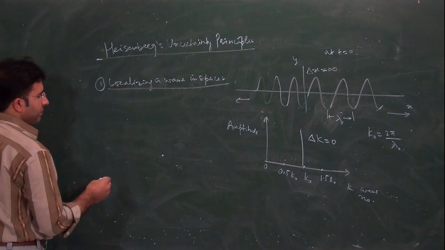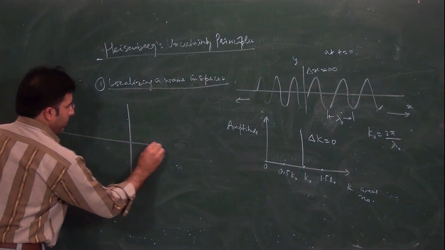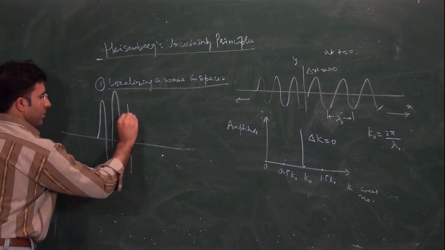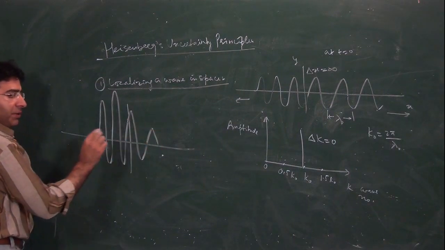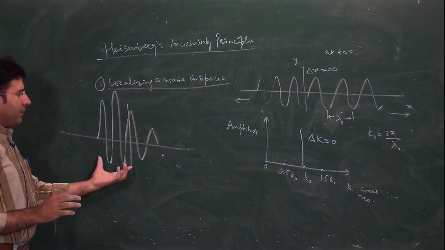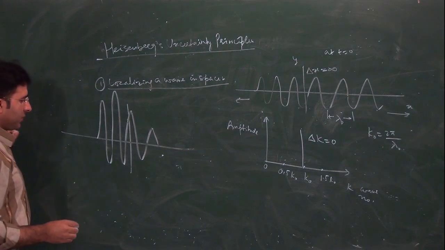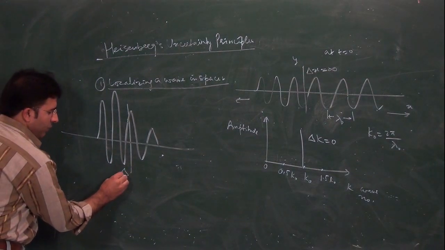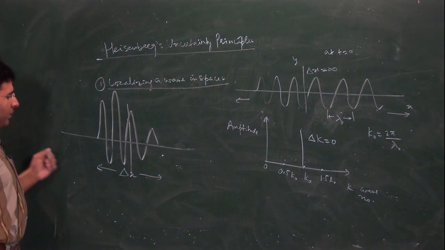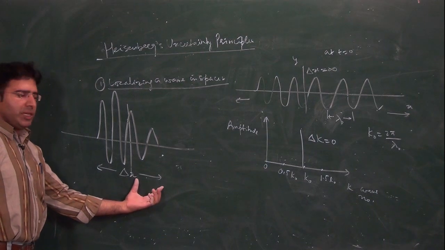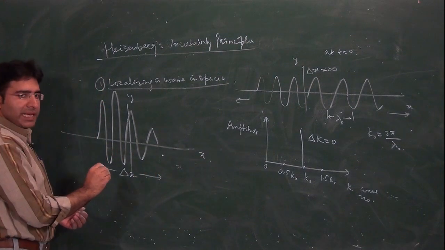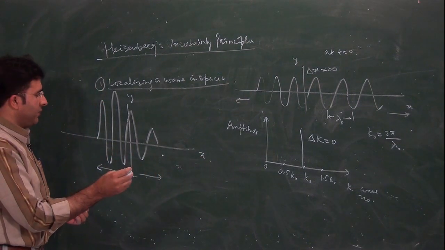Therefore, we do the same. We construct a wave packet by mixing many sine waves. This is a wave packet. What will be good about it? When you photograph this wave packet, it will be available in a certain zone. It will not be available throughout the x-axis from minus infinity to plus infinity.